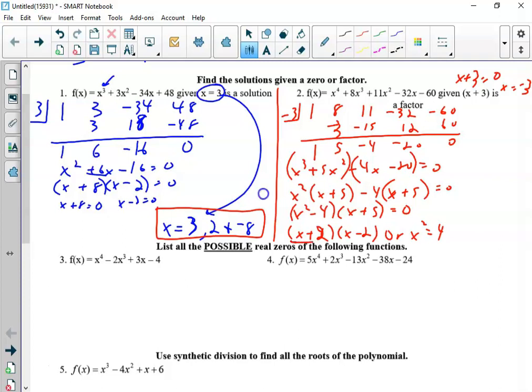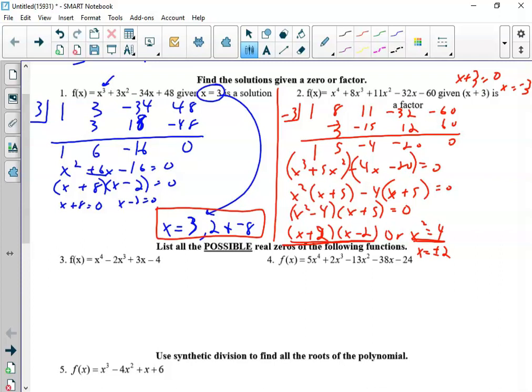And as you can see from this, it's 2 and negative 2. You have to remember when you're solving with square root, when you say x equals plus or minus 2. Can't forget that. So whichever way you do it, just make sure you pay attention.